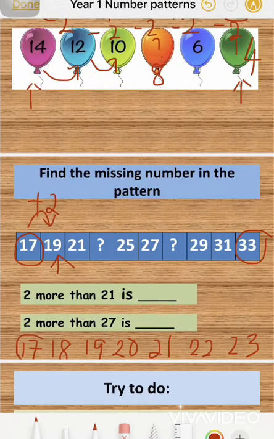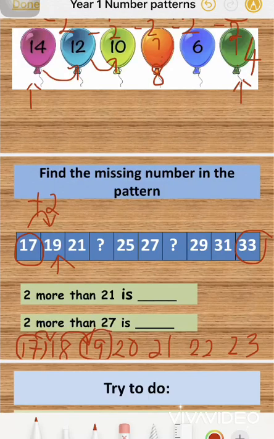From 17 to 19, you need to count on how many times? From 17 to 18 one time, and then from 18 to 19 another one time. So there are 2 times, right? So that means you need to count on 2, plus 2.